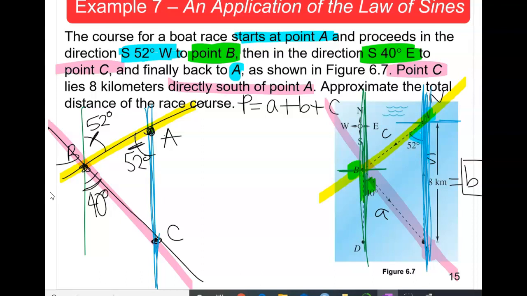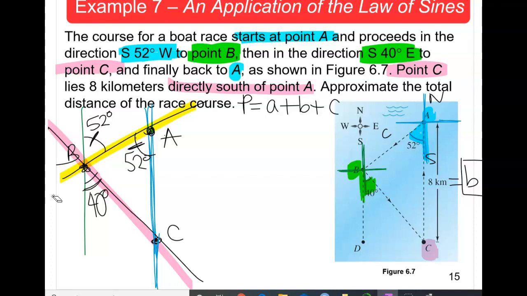We need to find, I'm going to erase all the drawings that I have here. This is so messy. Okay, so remember, we need to find this angle here and also this one, so that we could find the opposite sides.